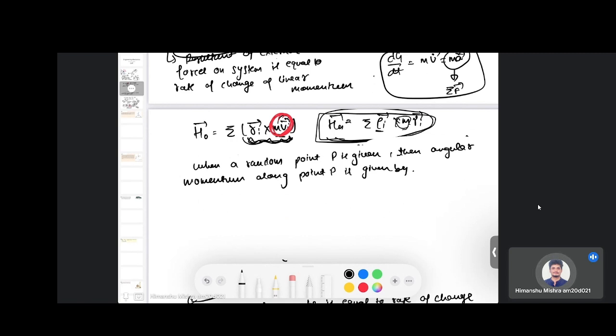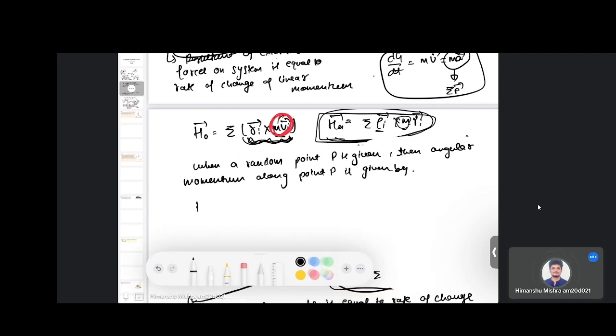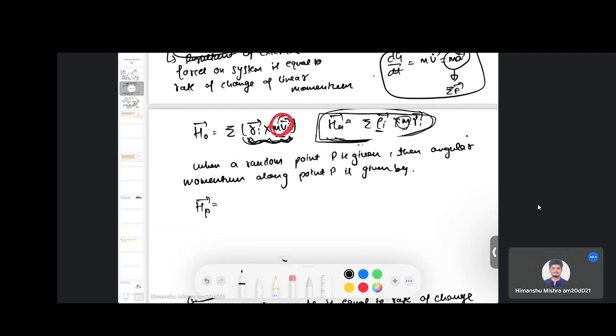So the angular momentum at point P will be given by the angular momentum at the center of gravity plus rho cross mv.